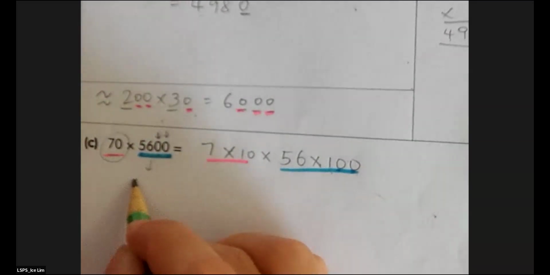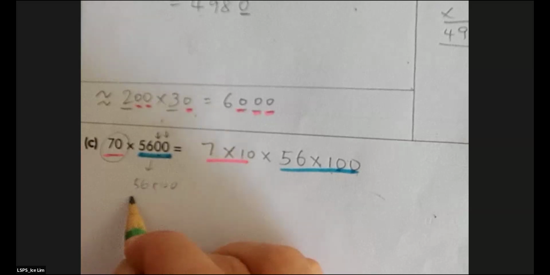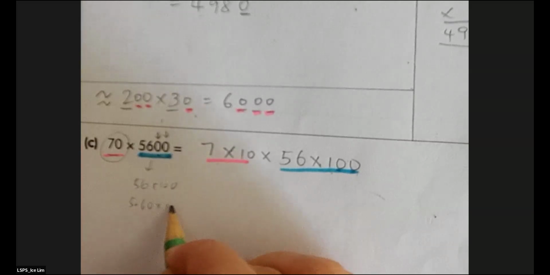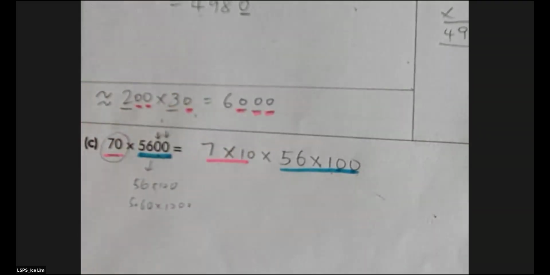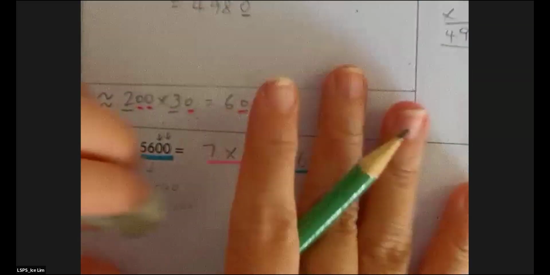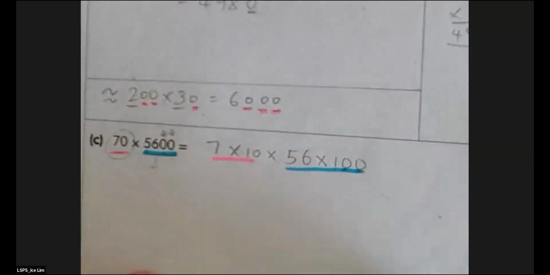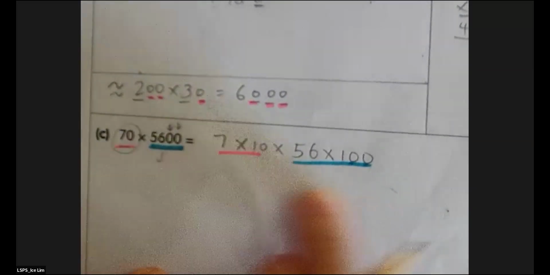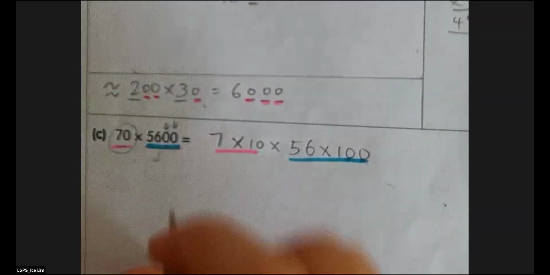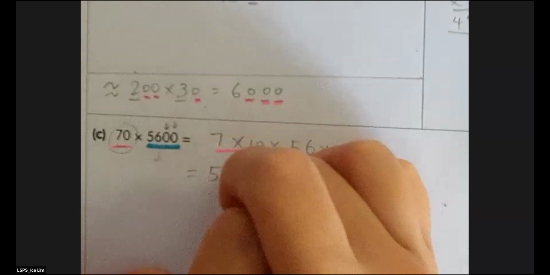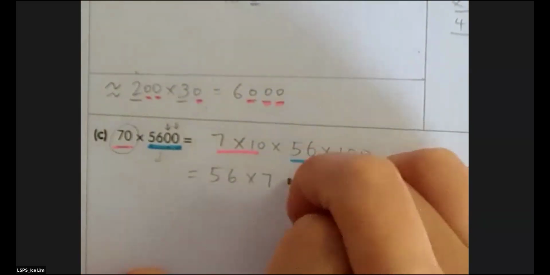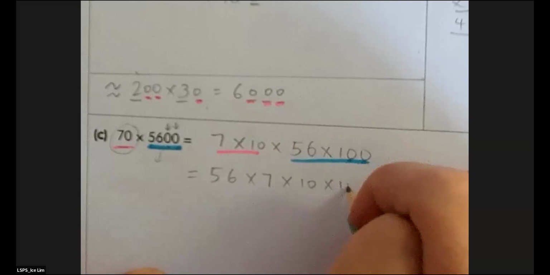It can be 56 times 100, or it can be 5.6 times 1,000. So I'll use 56 times 100. After I get to this stage, I will shuffle the numbers around to get 56 multiplied by 7 times 10 times 100.